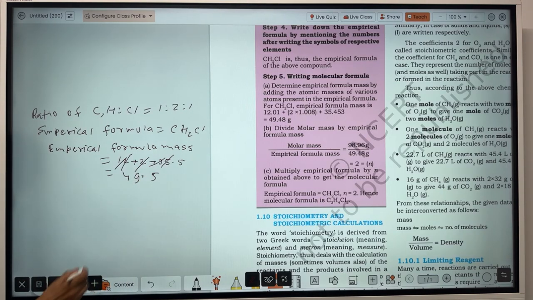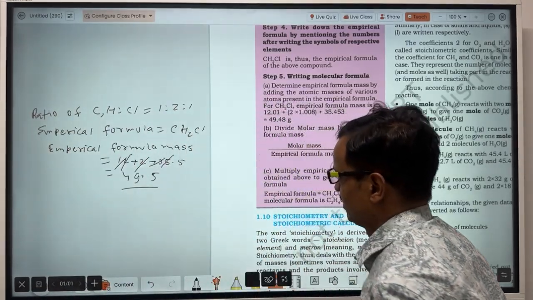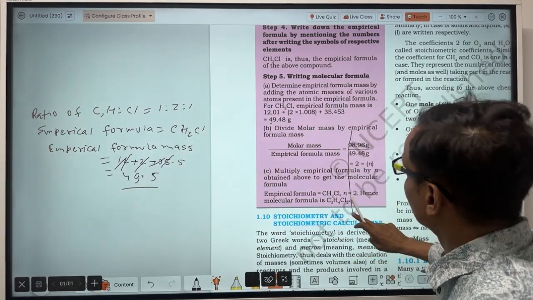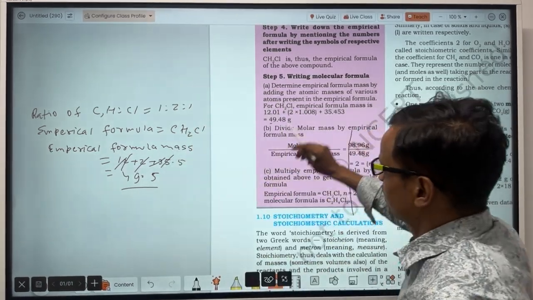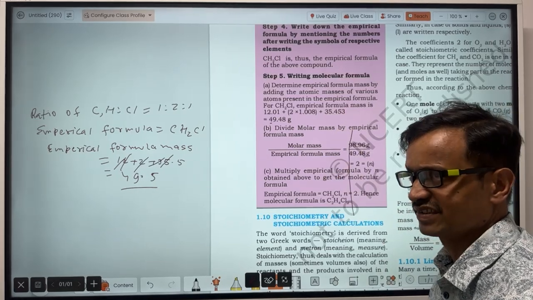Now watch out here. The molecular mass is approximately twice the empirical formula mass.